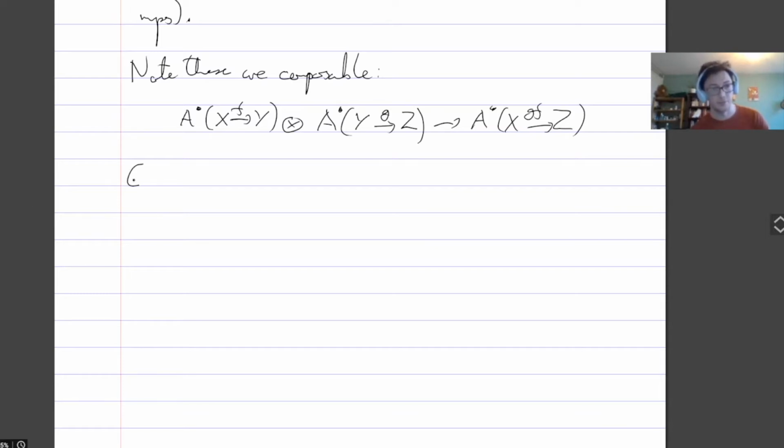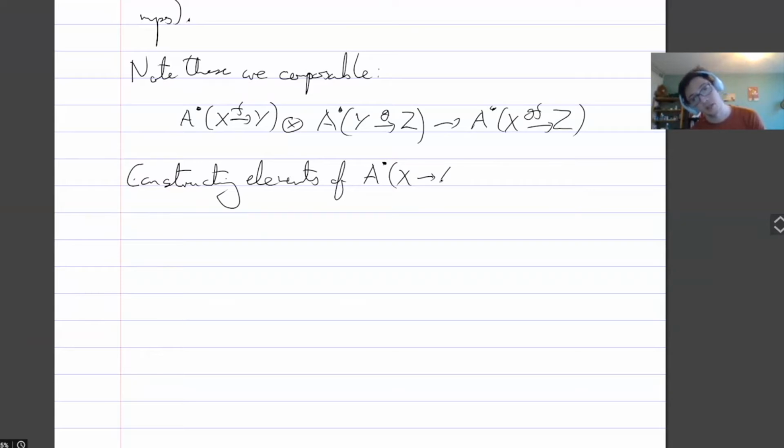So, constructing elements of A upper dot X to Y, F, uses, and I guess normally at least, the virtual fundamental class construction.